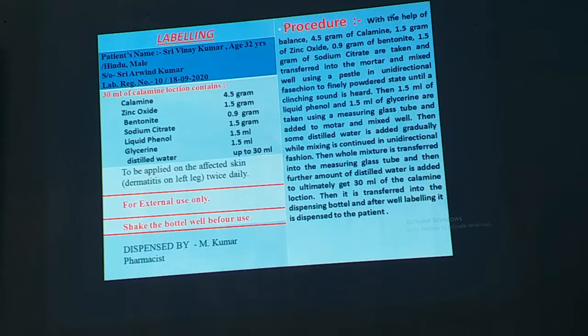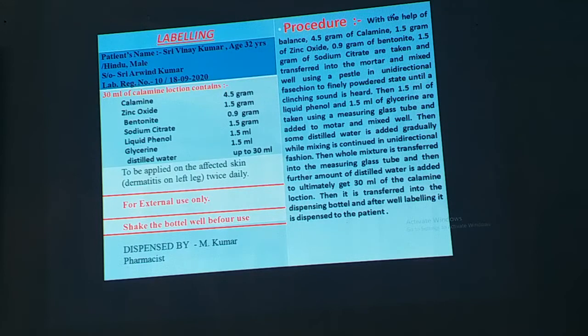Then some distilled water is added gradually while mixing is continued in unidirectional fashion with the help of the pestle. Then the whole mixture is transferred into the measuring glass tube and then a further amount of distilled water is added to ultimately get 30 ml of the calamine lotion.